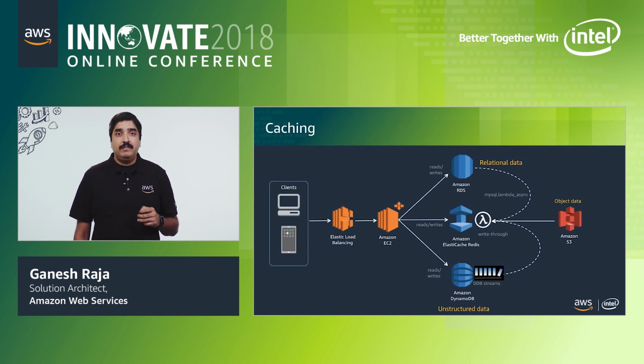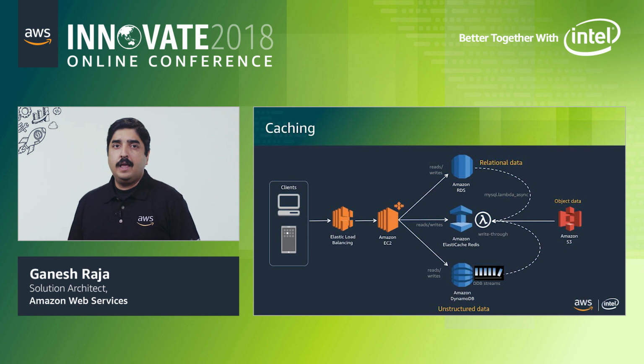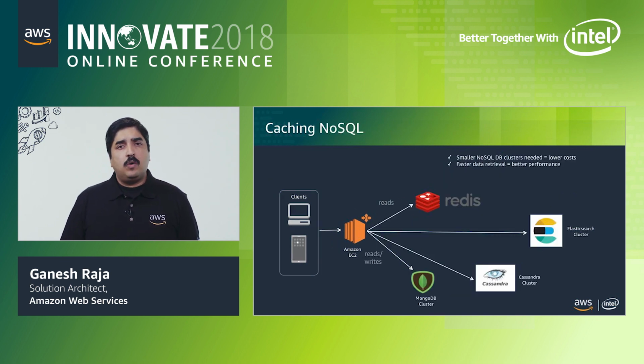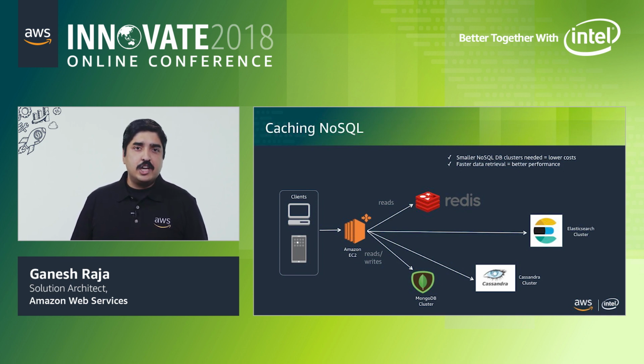ElastiCache can serve frequently requested items at sub-millisecond response times and enables you to quickly scale for higher workloads without growing the costlier backend databases. When you cache NoSQL stores, you can lower your cost and get a better performance for retrieval of data. Redis can act as a cache for many NoSQL stores, including Elasticsearch, Cassandra, MongoDB, etc.